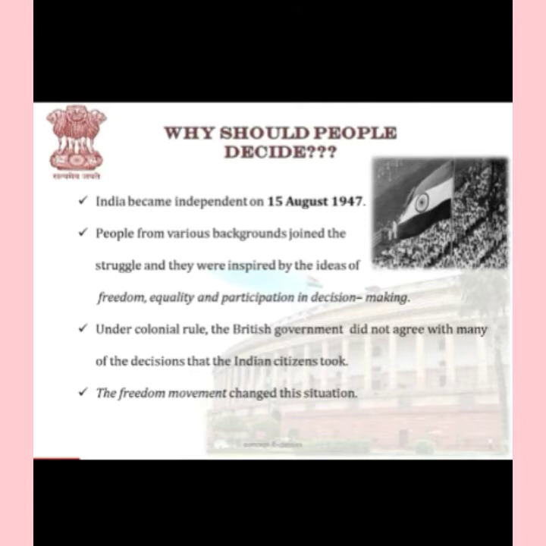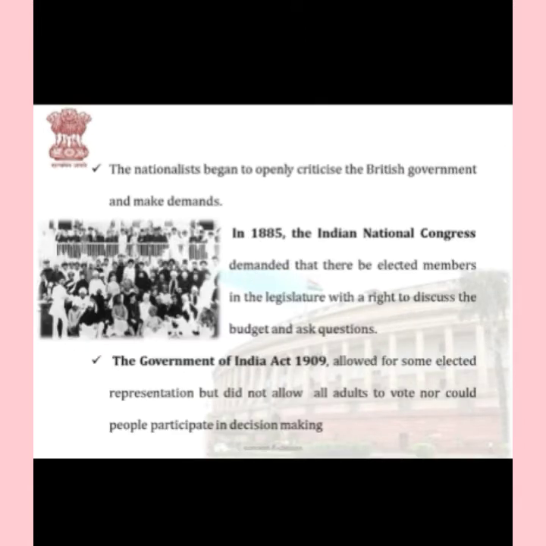Okay, the freedom movement changed this situation. The nationalist leaders, the freedom fighters, began to openly criticize the British government and made their demands. In 1885, the Indian National Congress demanded that there be elected members in the legislature.